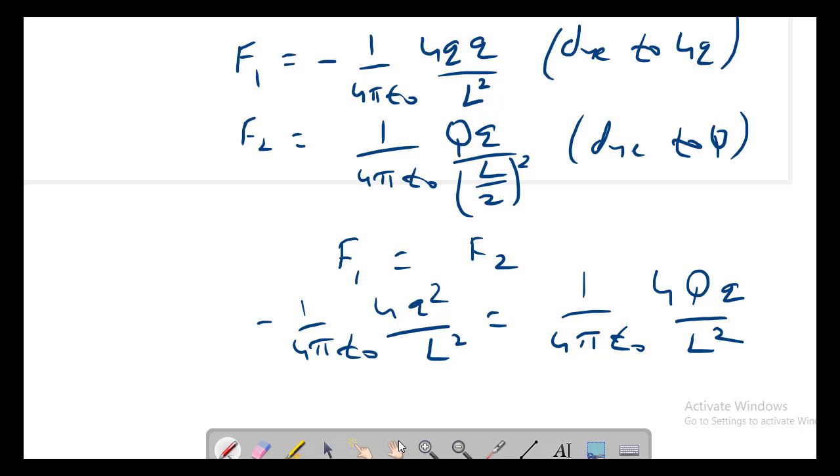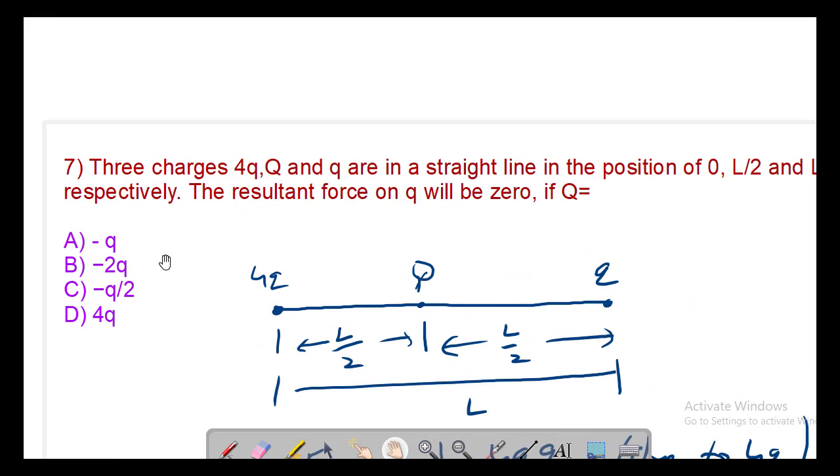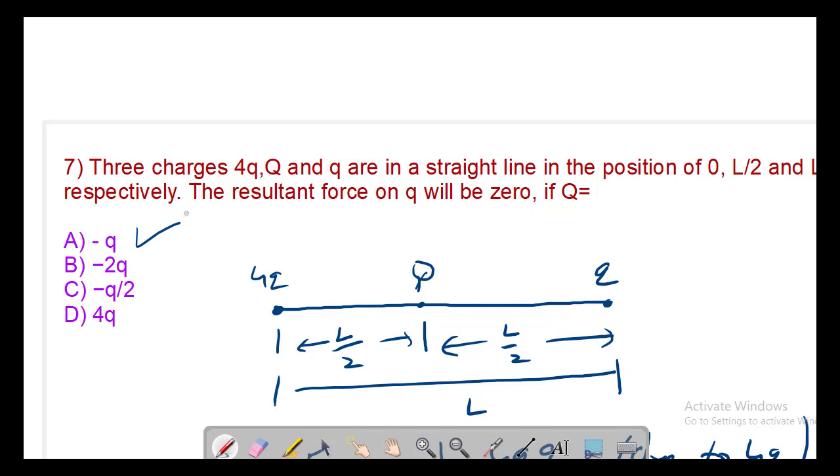Now we can equate. Many things get cancelled out, so what we are left with is q square equal to minus q square, equal to minus q. So the answer in this case is A. A is the answer.